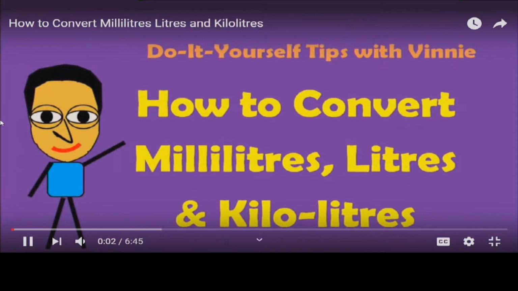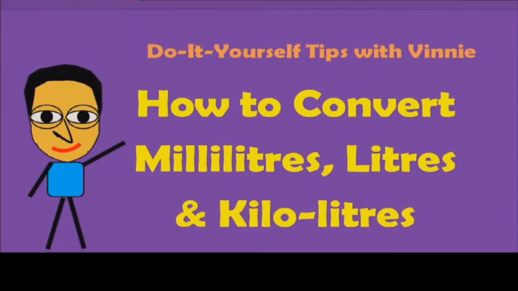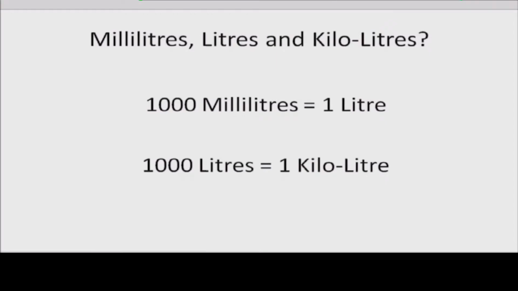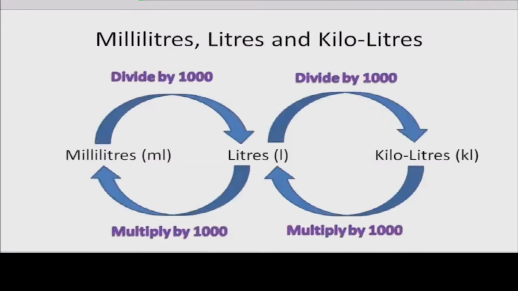Hello everyone, in this video I'll show you how to easily convert between milliliters, liters and kiloliters. Firstly, 1,000 milliliters is equal to 1 liter and 1,000 liters is equal to 1 kiloliter, right? And that's the information that we use to convert between the units. So, milliliters, liters and kiloliters.